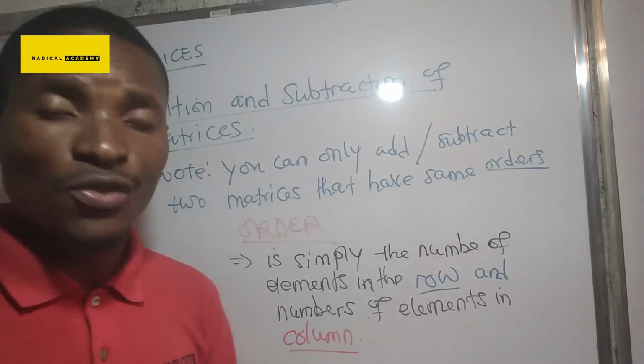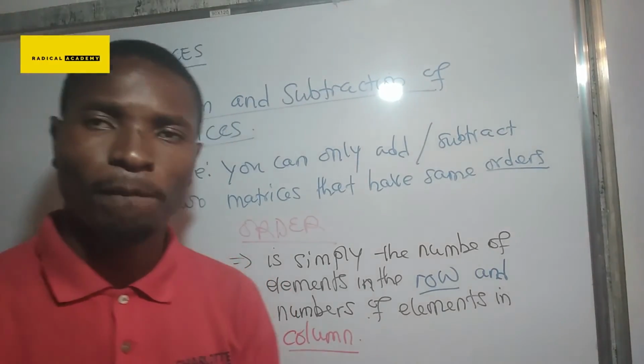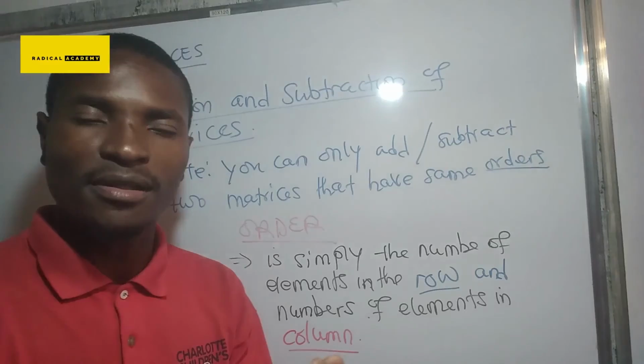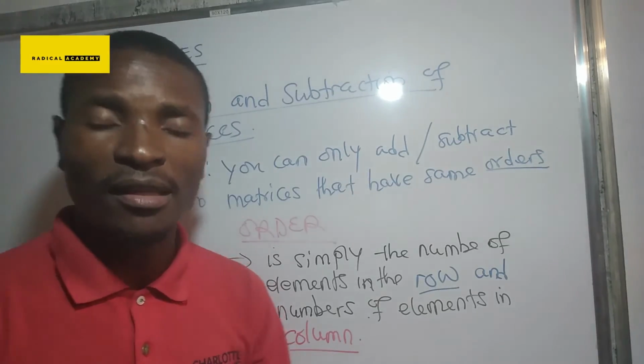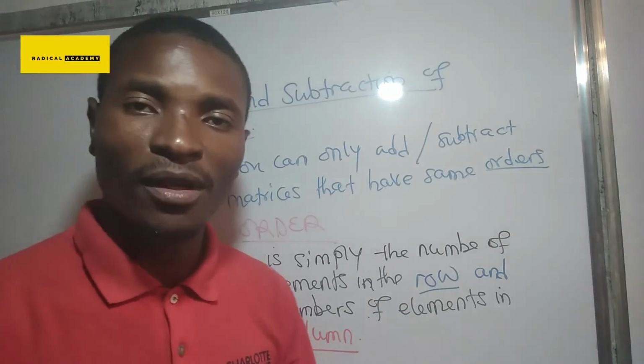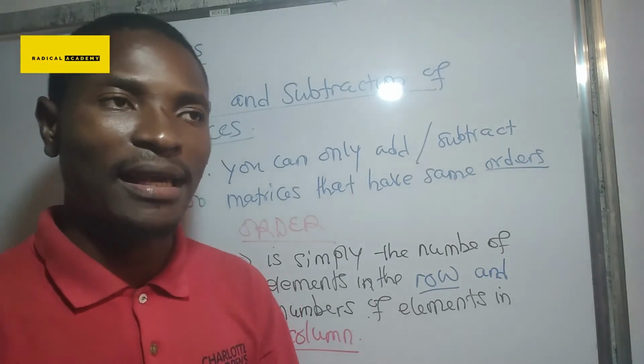So what we're saying is that before you add or subtract two matrices, I have to figure out how many elements are in the row as well as how many elements are in the column.